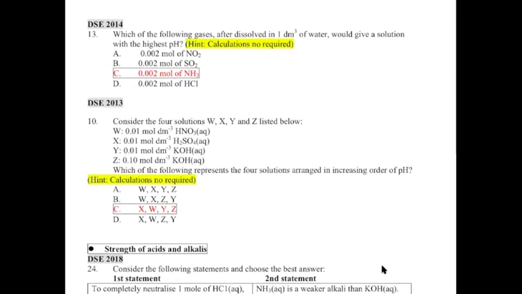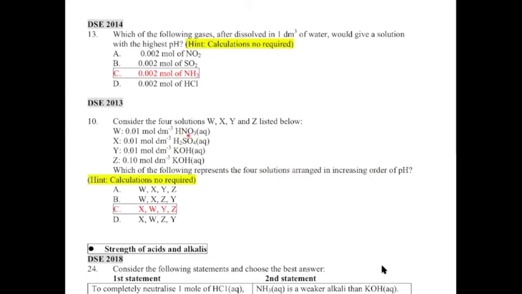Next one, consider the 4 solutions here. Which of the following represents the solutions arranged in increasing order, from the strongest acid to the strongest base? Acid first. We have nitric acid and sulfuric acid.